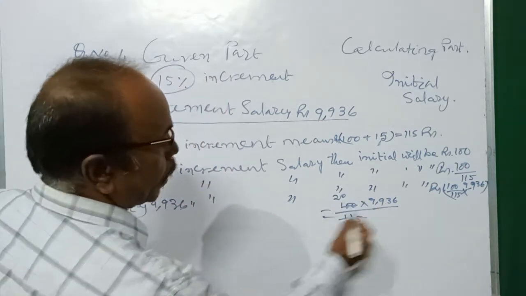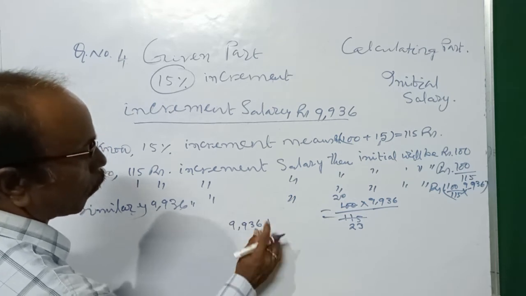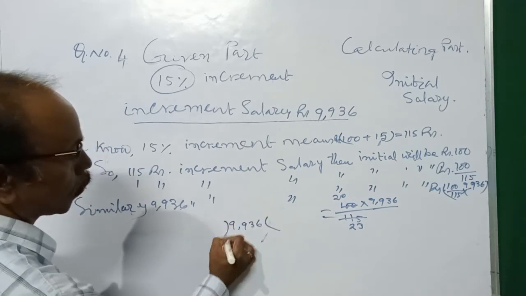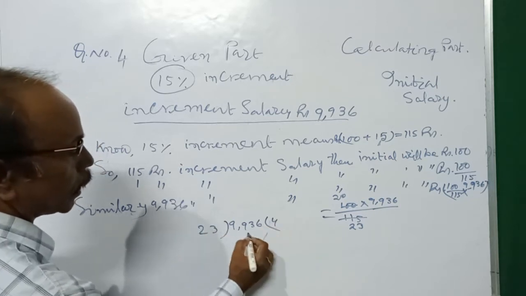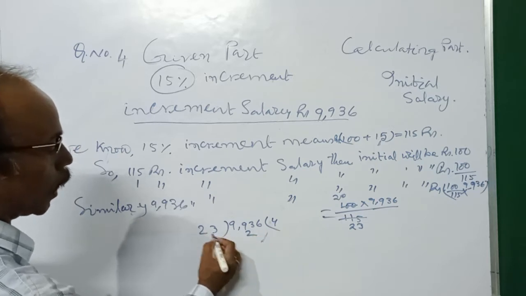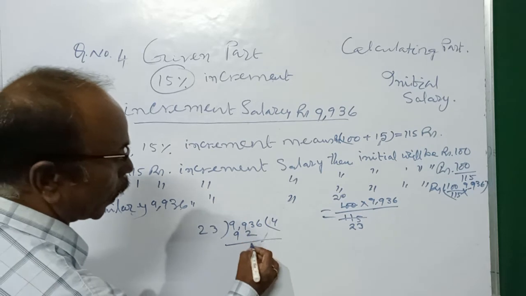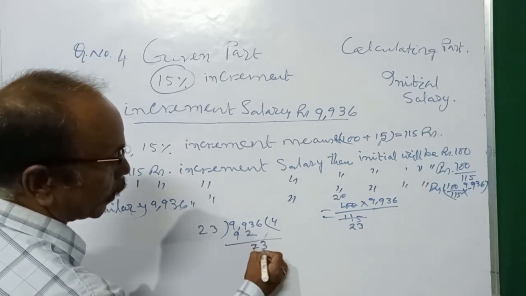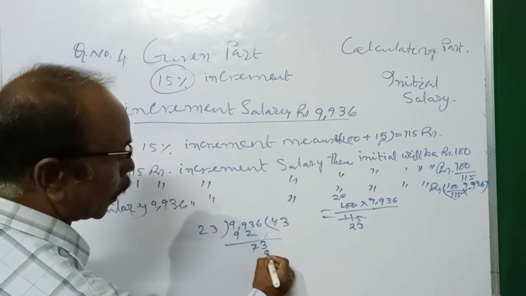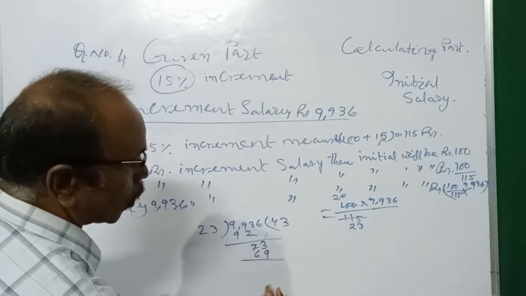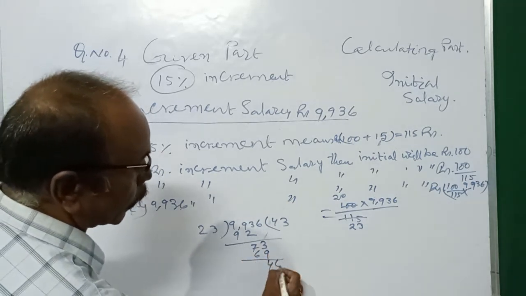We also divide 9,936 by 23. 4 3s are 12, 4 2s are 8, 1 in hand is 9, 7 8 9, 73, 2 3s are 6, 4 6.